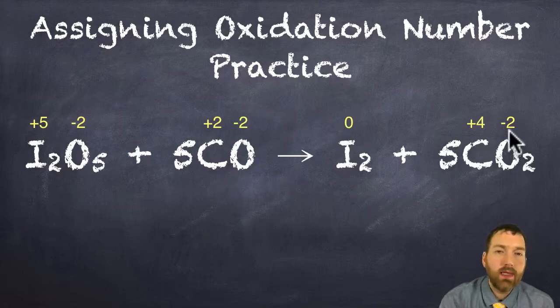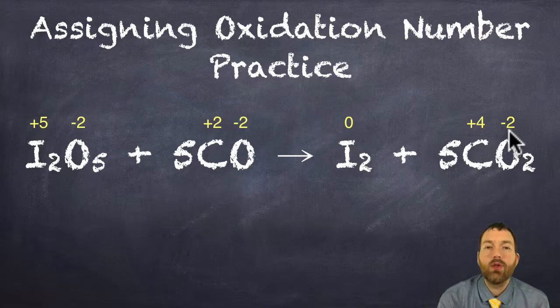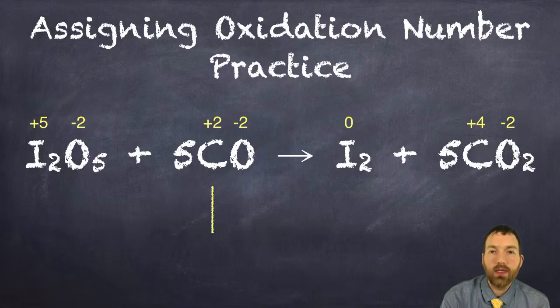Okay, now that I've assigned the oxidation numbers, I can determine who was oxidized and who was reduced. So if we remember our phrase, Leo says Ger, if something lost electrons, oxidized, Leo, its oxidation number is going to increase, because if I lose negative charges, I'm going to become more positive.